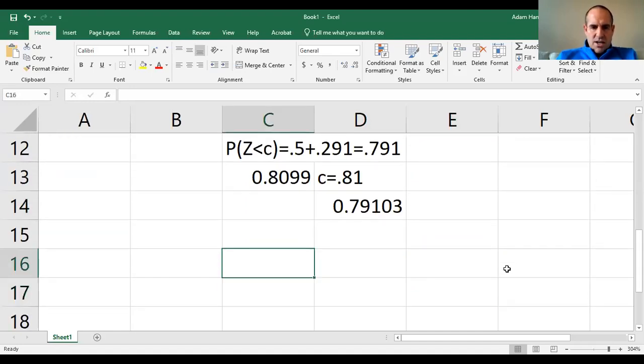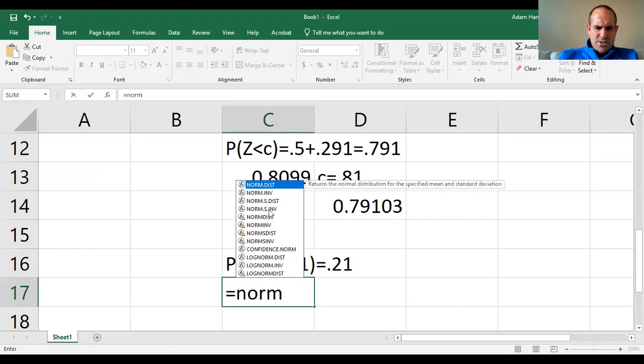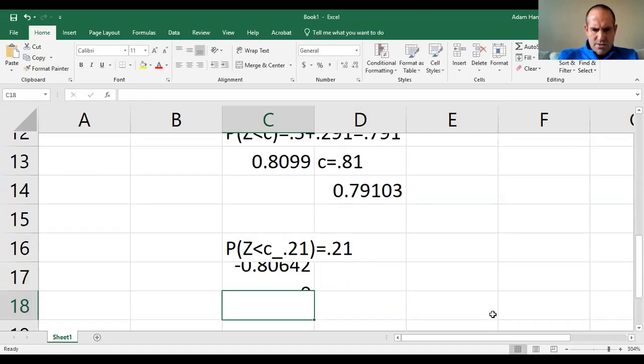So let's see here. I want the probability that Z is less than C sub 0.21, which is kind of how we were writing these things before. This needs to be equal to 0.21. So how would I find it? Well, I would go normal standard inverse, 0.21.